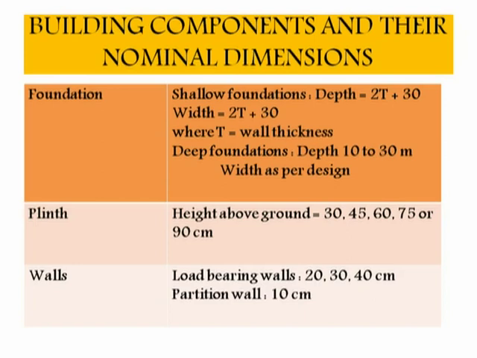For shallow foundations, the depth of the foundation is given by the formula 2t plus 30. And the width of the foundation is also 2t plus 30.